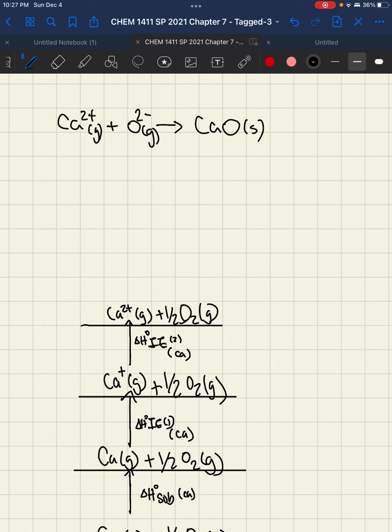As you can see, we only need one O. So in order for us to go from 1/2 O2 to just O, we need to do the bond dissociation.